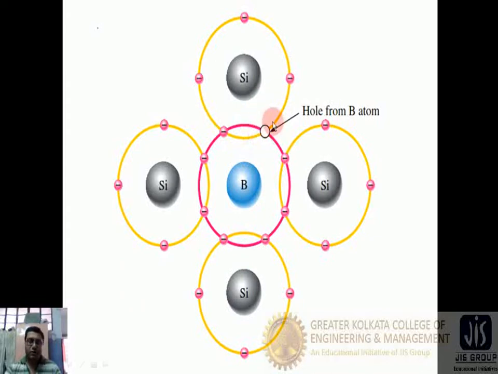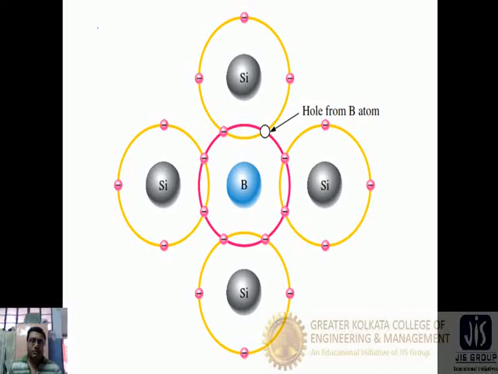The hole is a positive charge, the deficiency of an electron. If the electron is a negative charge, then a deficiency of electron makes the hole a positive charge, and it takes part in the conductivity of the p-type semiconductor.